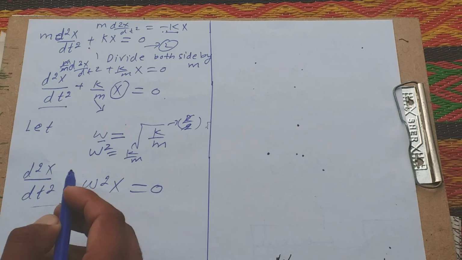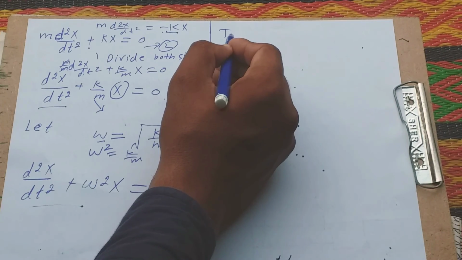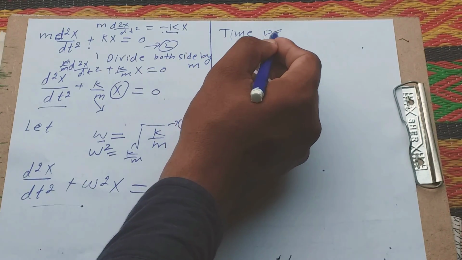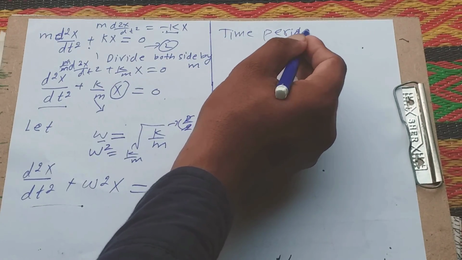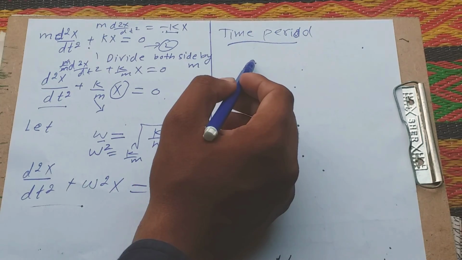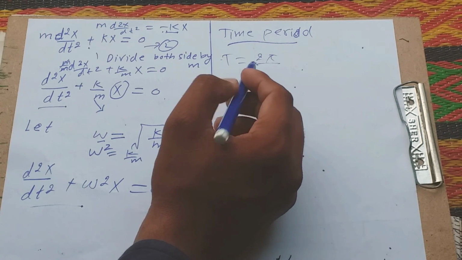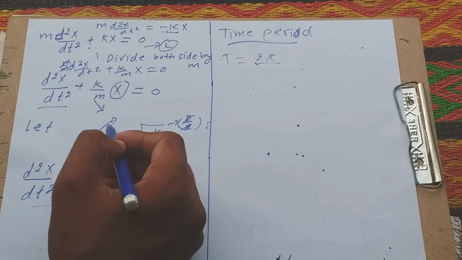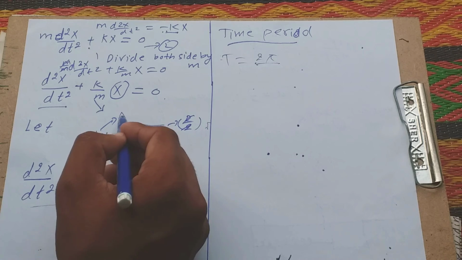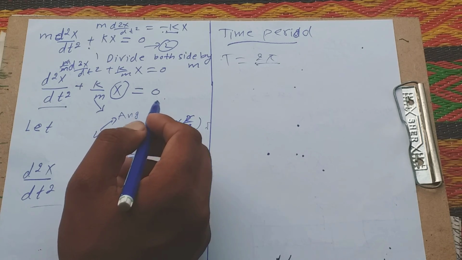Okay, and now we find the time period. What is the time period? We know that T is equal to 2 pi over omega, which we also call the angular frequency.